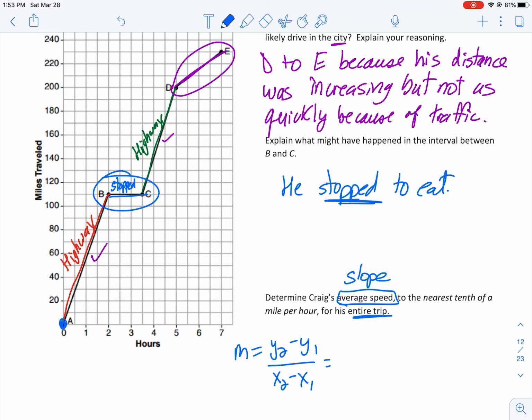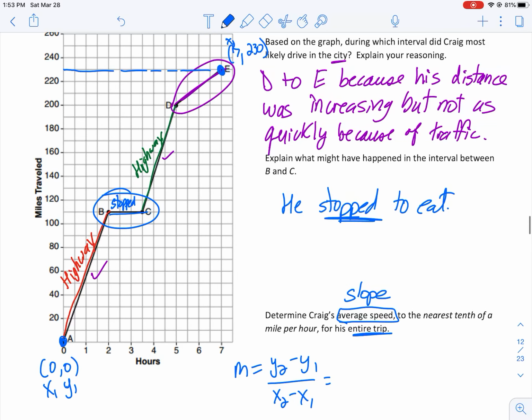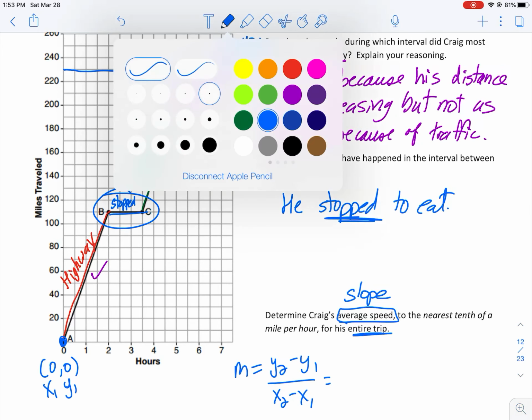So we start down here, which would be the point 0, 0. And his trip ends way up here. This would be the point 7, and if I follow this over here, 230. So here's my x1 and my y1. Here's my x2 and my y2.